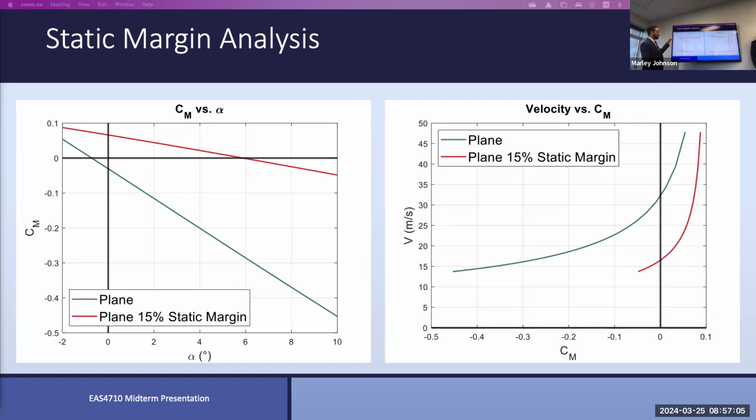A lot of times with, for example, this pitch moment versus alpha, having too many things that overcompensate in stability will actually cause the plane to crash. So we don't want certain things to happen too quickly. For example, if there's a wind gust, we don't want the plane to overcompensate and then end up crashing in the opposite direction. So static margin helps with some of those things. It also lowers our cruising airspeed, which allows for more controlled flight.